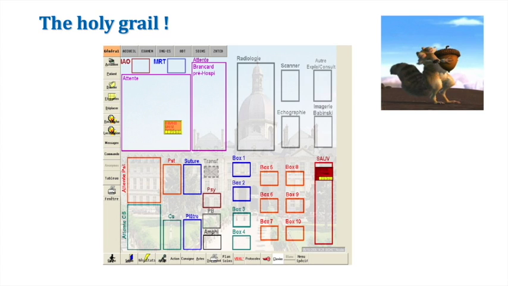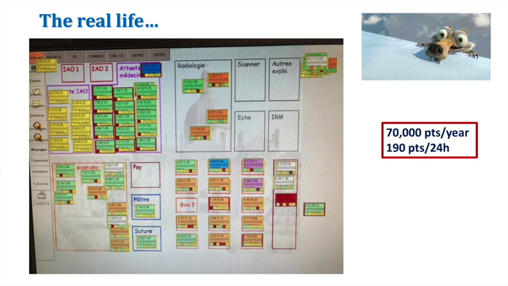Just to give you an introduction about emergency department organization. As you know, the workflow of patients is sometimes different from one place to another. The situation of an emergency department can be very easy to manage when your emergency department is empty, which is never the case.